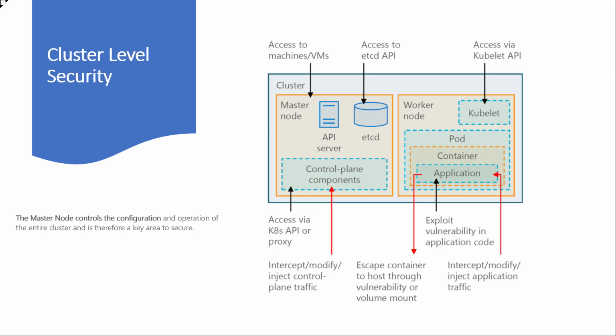I would request you to take a pause here and look at this diagram carefully. It's a very simplistic diagram, but it explains why each component, each element of this architecture is important from a security perspective. As you see here, the master node, which controls all your configuration in Azure Kubernetes services for the entire cluster, is extremely important.